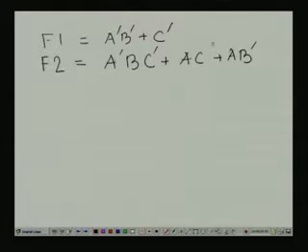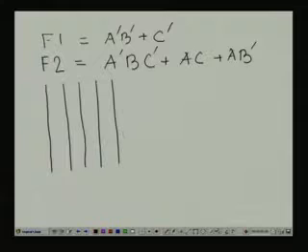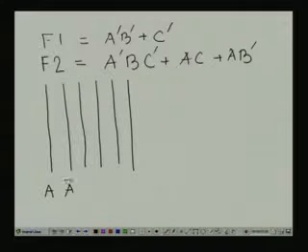There are 3 inputs here, A B C. So, if we draw the programmable AND plane, there will be 6 signal lines, because this is for A, this is A dash, this is B, B dash and C, C dash. So, this is A dash B dash plus C dash.